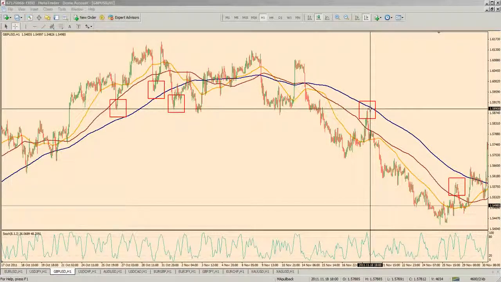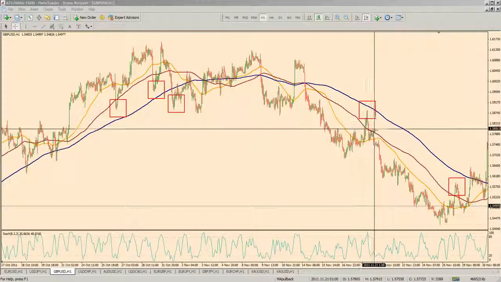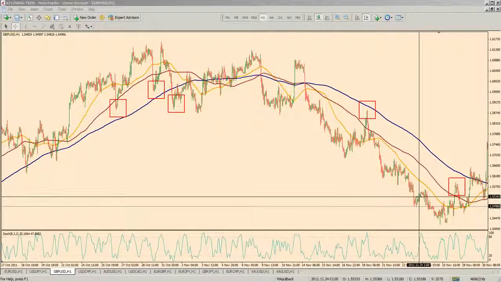How much more do you want your reward to be than your risk? Let's say I set it at 2 to 1, meaning my profit will be twice my risk. Well, if you take a look here, if you went short here, we have a lot more than 2 times here.